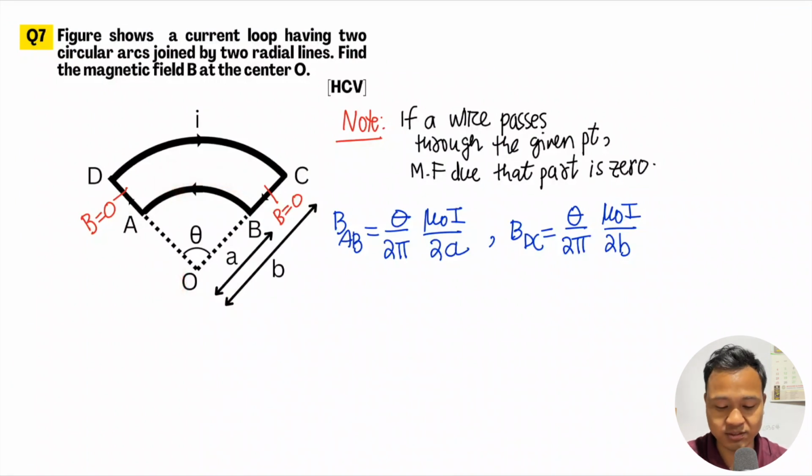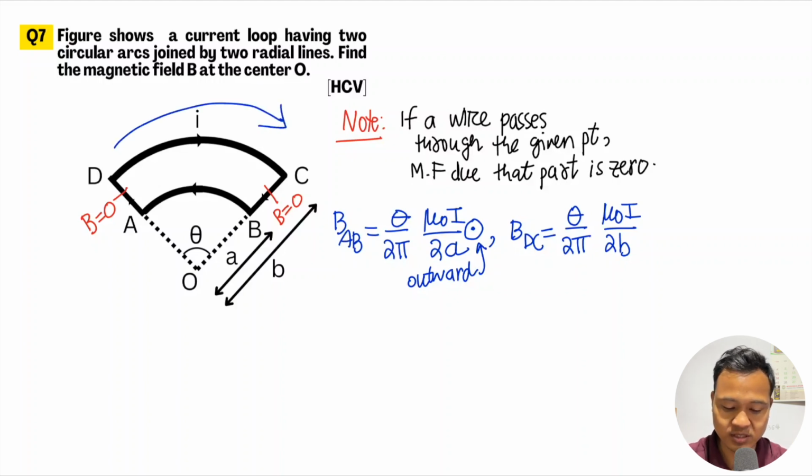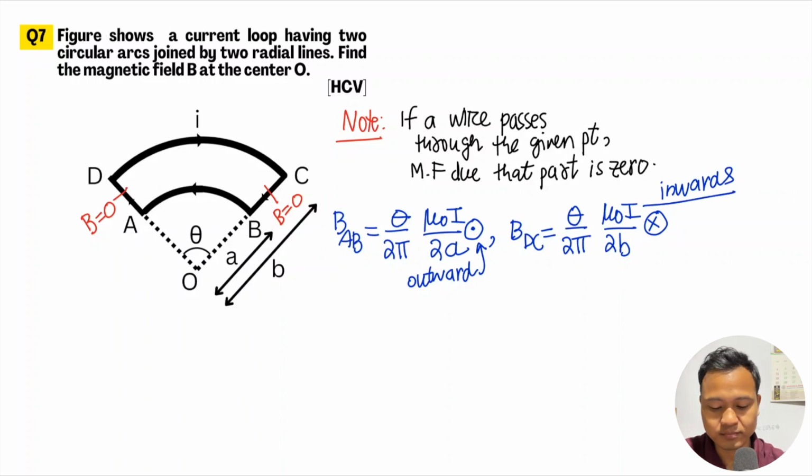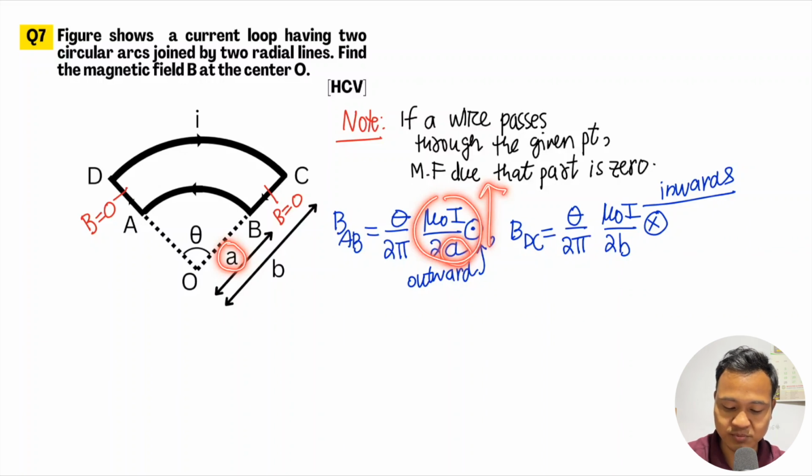So AB will be outwards, a dot. For CD, you take your right hand and curl it along the side, then your thumb will be into the page, so inwards. Since the denominator is smaller, the overall value is larger, so BAB is greater. So B net will be BAB plus BDC.